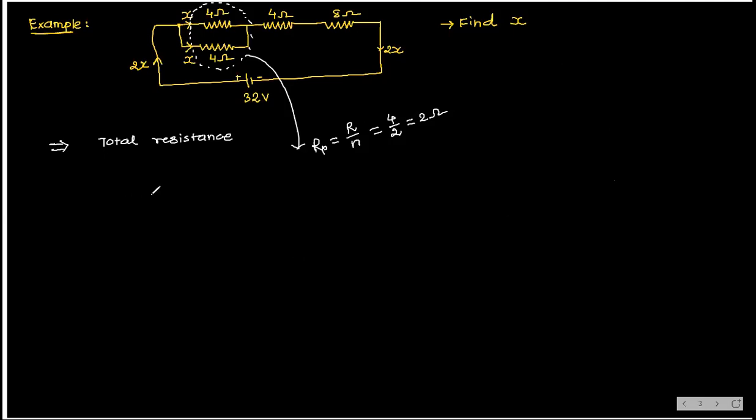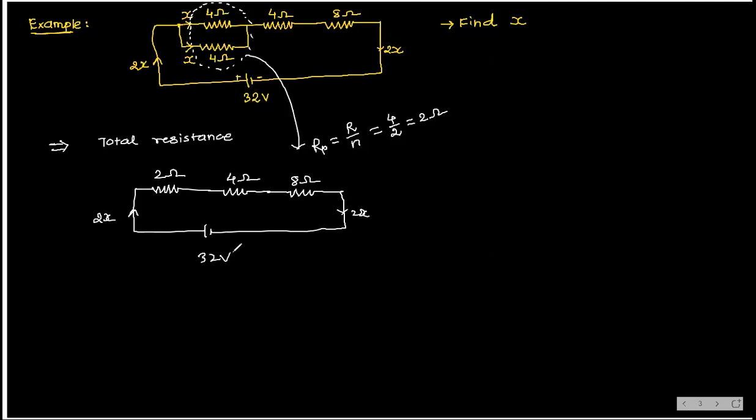Okay. Now again rearrange or redraw the diagram. This is 2 ohm now, right? And now this is 4, and this is 8. And this total current is how much they have given? 2x.